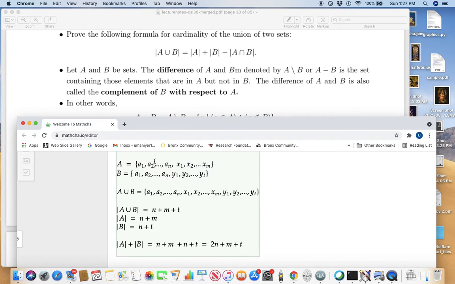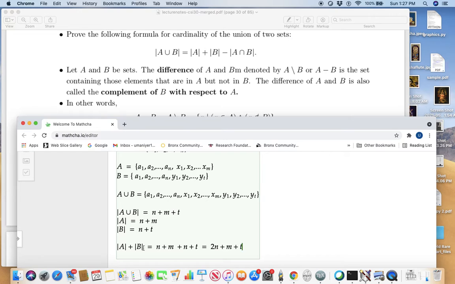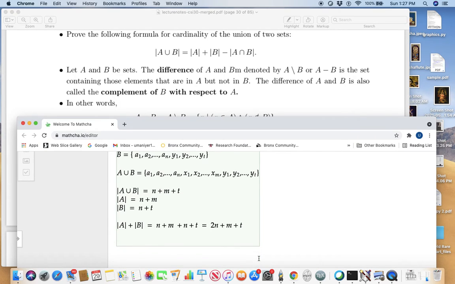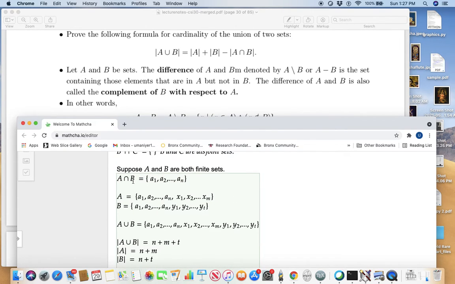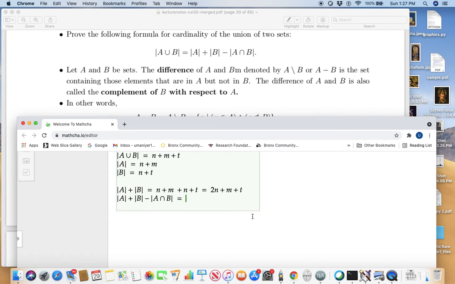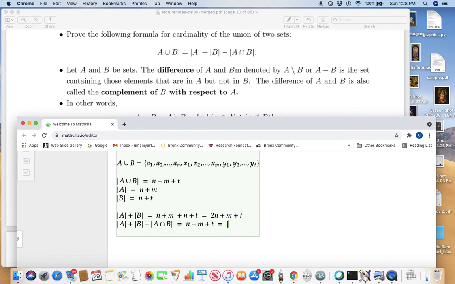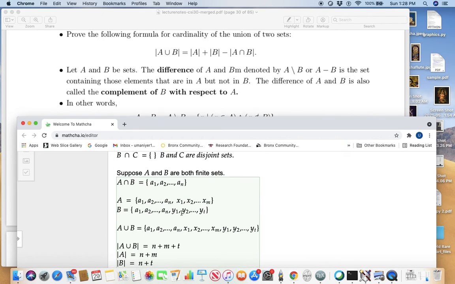The intersection part gets repeated because one's from A, one's from B. So cardinality of A plus cardinality of B, if I subtract one intersection count, then, because A intersection B has n elements, I get rid of one of the n's and I'm left with n plus m plus t, which is the cardinality of A union B. That's the result.